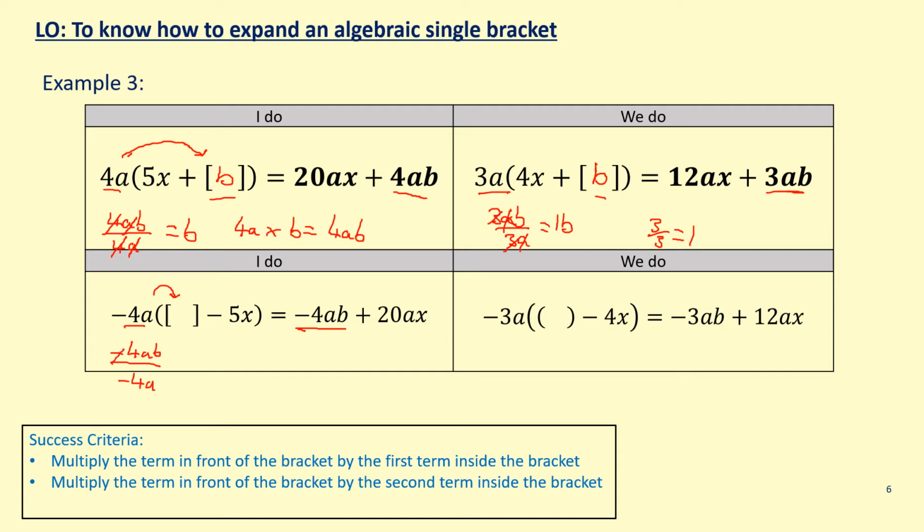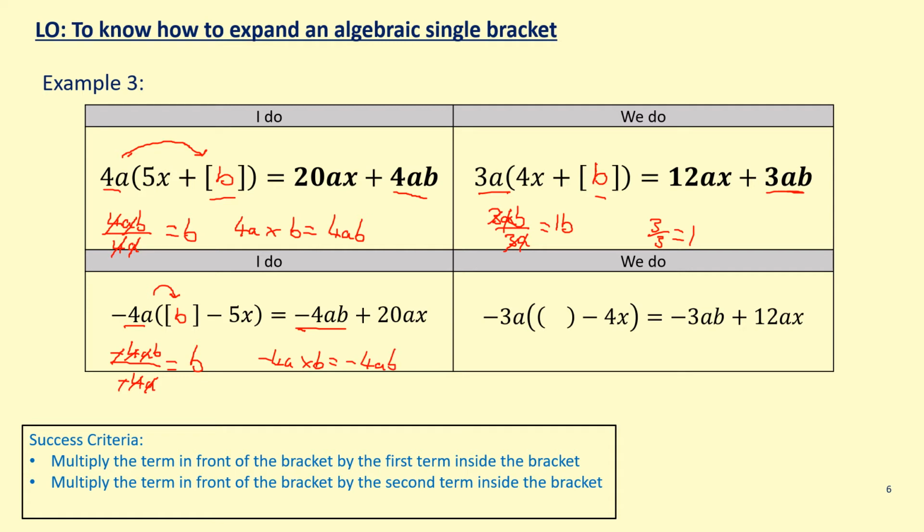So we can cancel out the negatives first. There's one on the top, one on the bottom. Cancel out the 4s, and then we can cancel out the a's, leaving b. So if we do minus 4a as a check times b, we get minus 4ab.